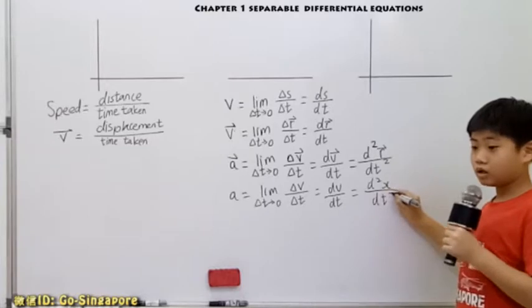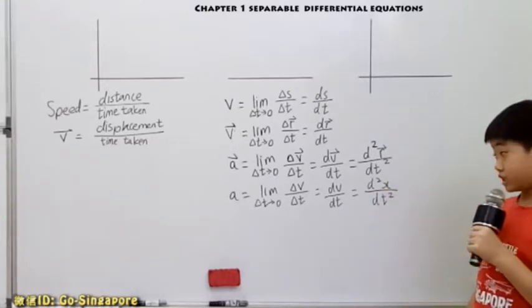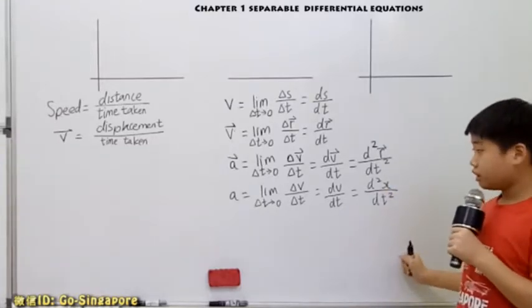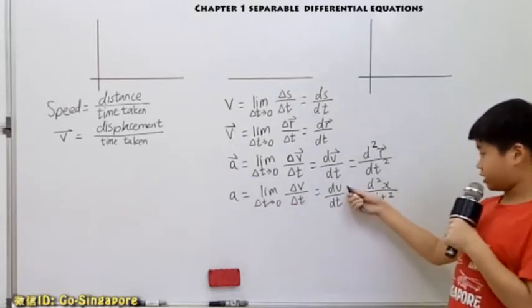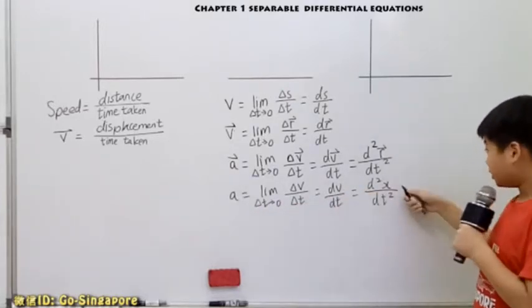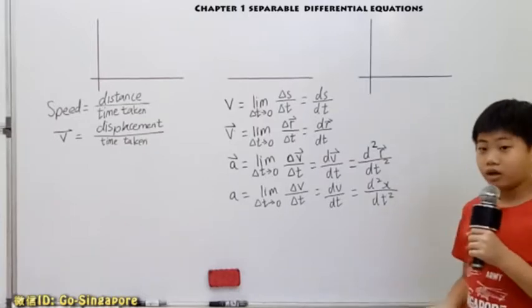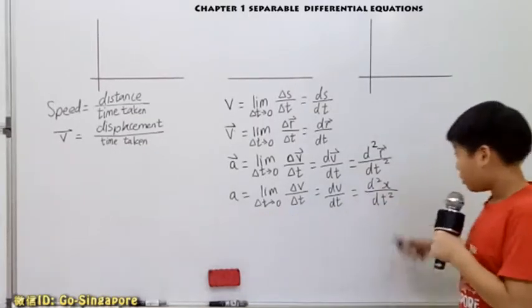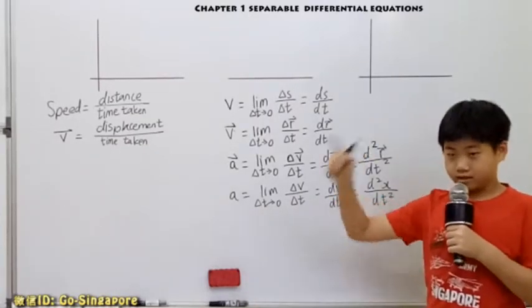So we can write it like this. Remember acceleration is the derivative of velocity, and then it's either x or r. x is for one dimension, while r is for those vectors.